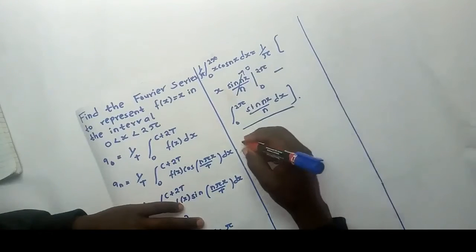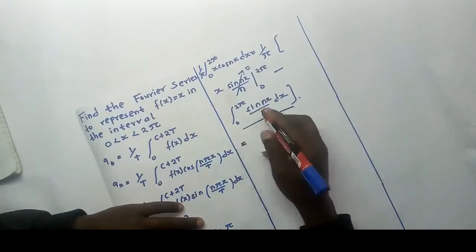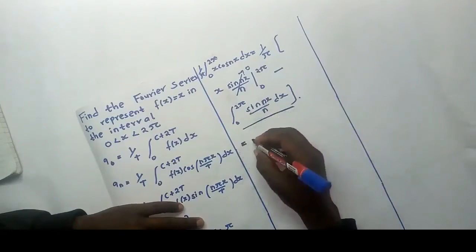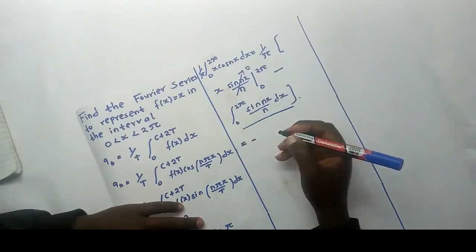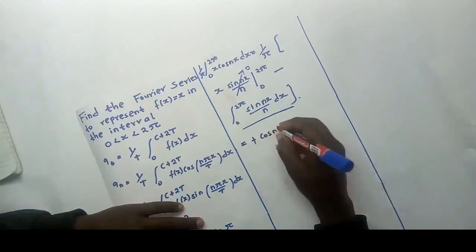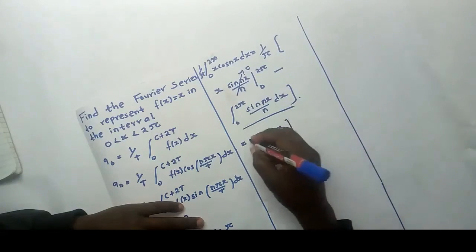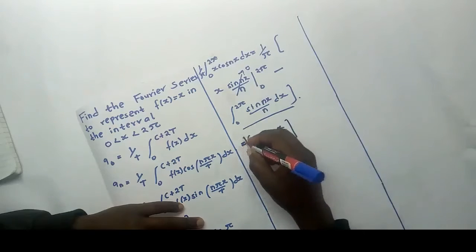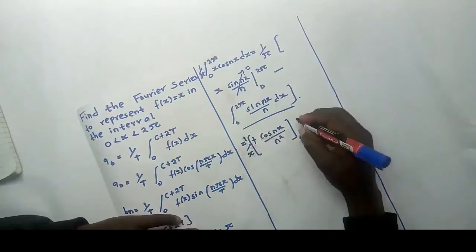So we'll have the integral of sin nx is negative cos nx over n, and that one will now be a positive cos nx over n squared, and then we have our interval. Remember, we had a 1 over pi here. So we have our interval from 0 to 2 pi.